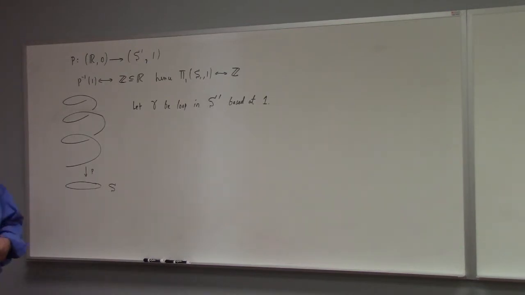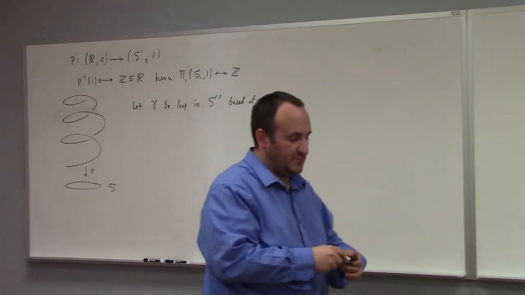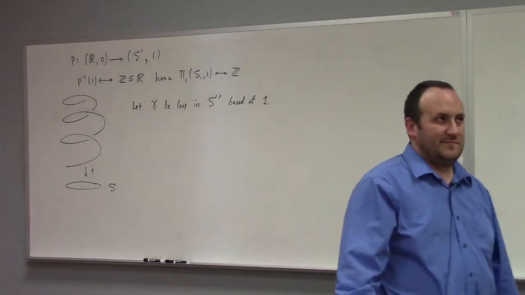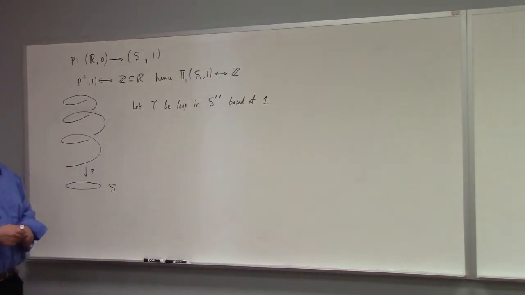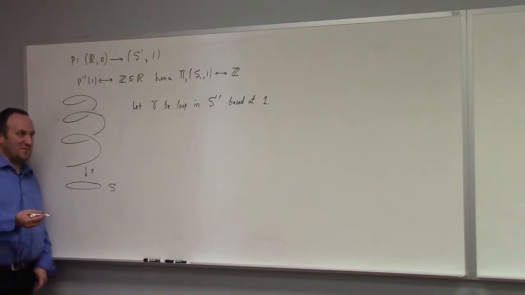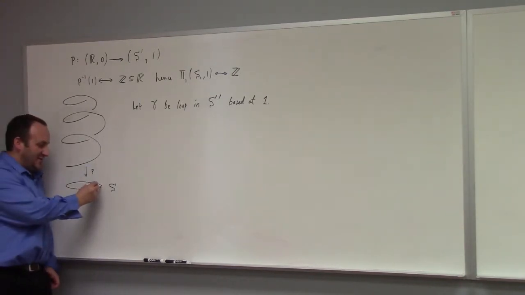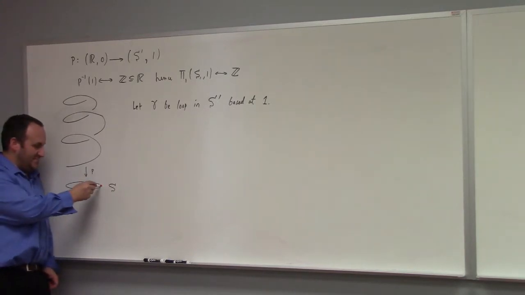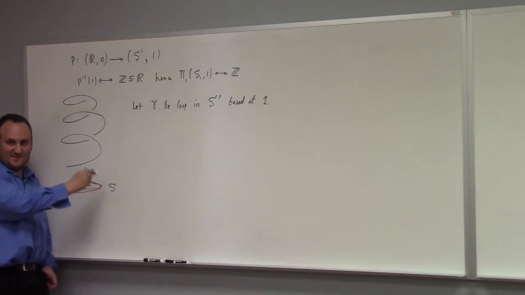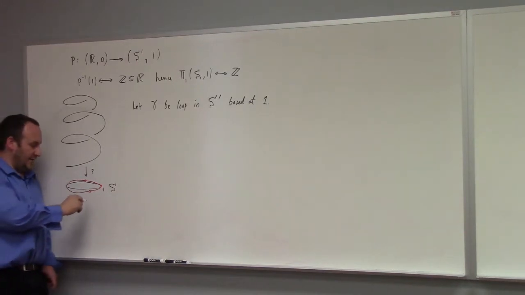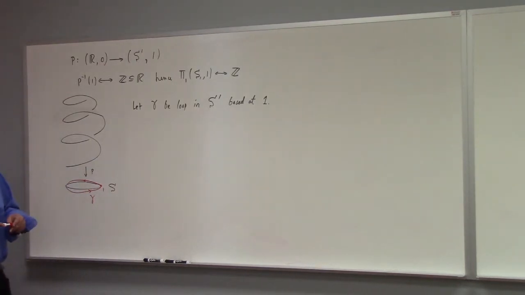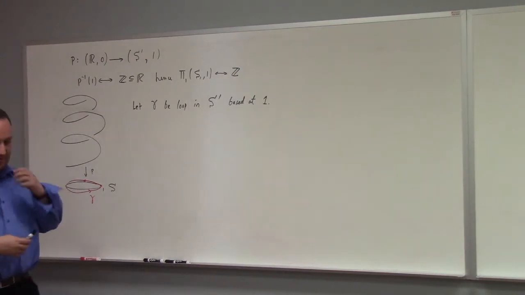I understand it's hard to come up with problems which are computationally manageable for this level of course and the amount of time you have to spend on the example, but it is kind of disappointing what this means. I mean, what is a loop in S1 based at 1? Like if this is 1, right? Then it's just this, but not necessarily that, right? It could be something else, but anyway, it begins and ends at 1. All right? So that's a loop based at 1.